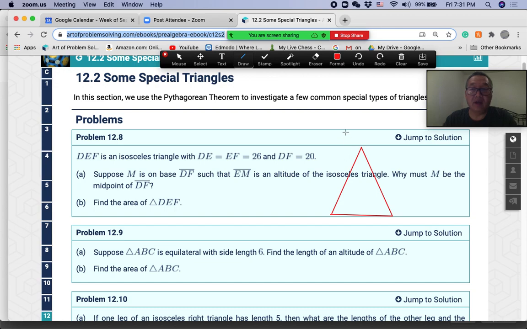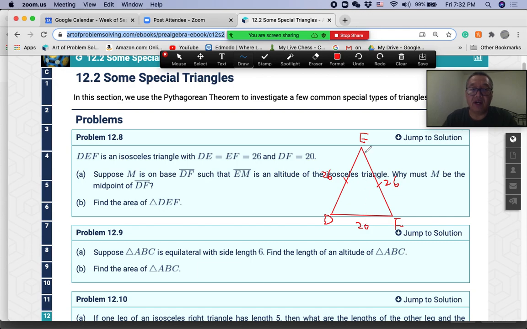Let's set this one as E, this one as D, and this one as F. Then DE equals EF, this is 26, this also 26. Now DF equals 20.